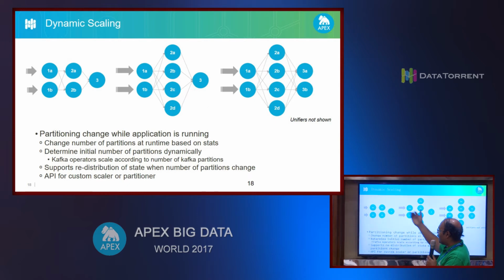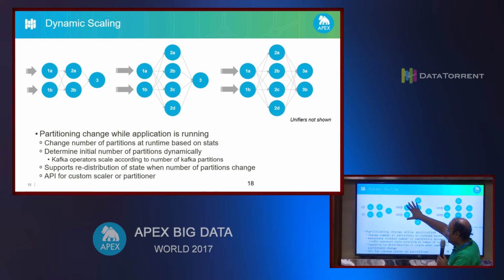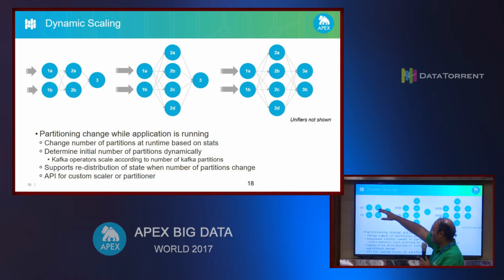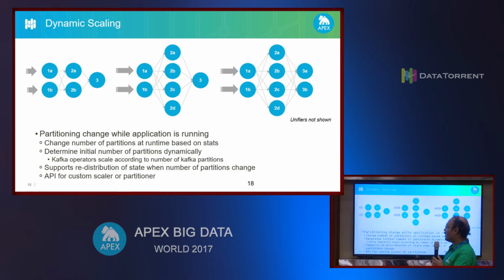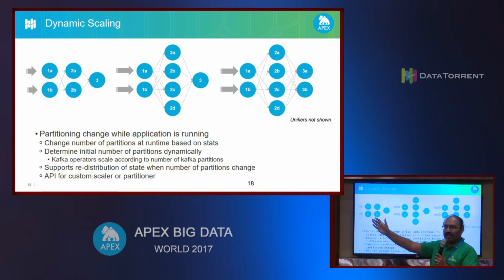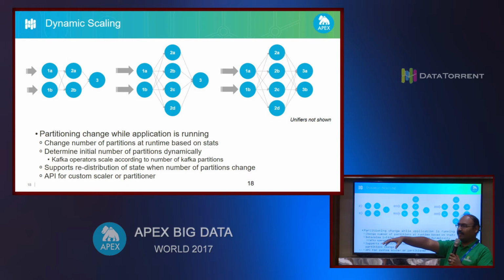Now let's say you start getting more data. Then maybe stage 1 can handle it because it's doing very light processing. But stage 2 may be doing heavy processing, and it cannot handle the speed at which data is coming in. If you just leave it at 2 partitions, eventually it will not be able to process data at that speed, and then the data will get blocked, and eventually it will end up blocking the downstream client.